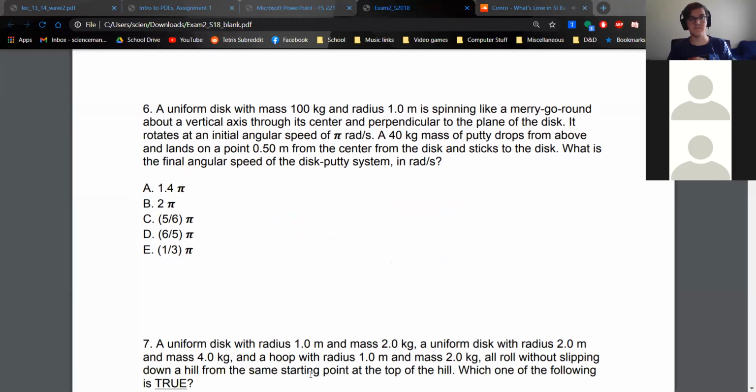We want to know what the final angular speed is of this system in radians per second. Someone asks if the mass of the putty is a point mass, and the answer to that is yes.